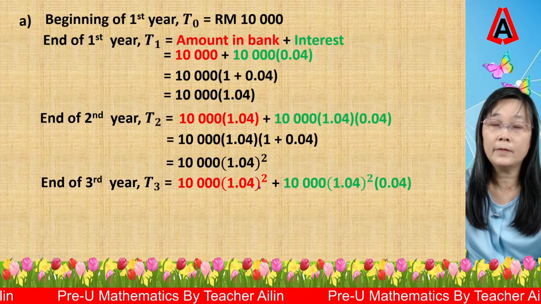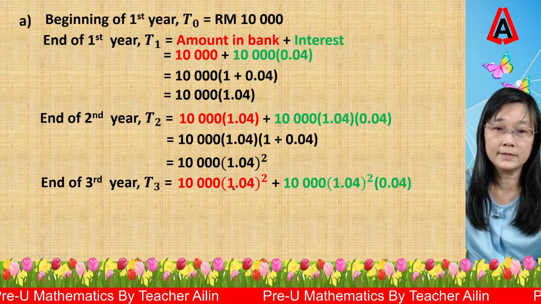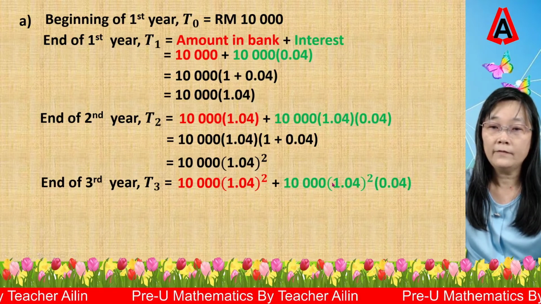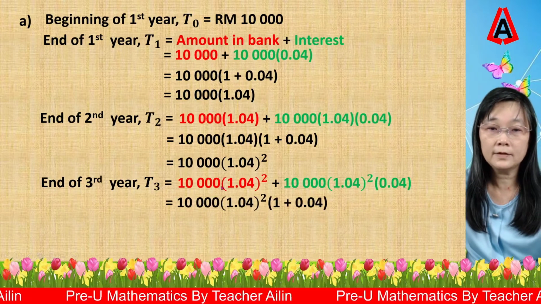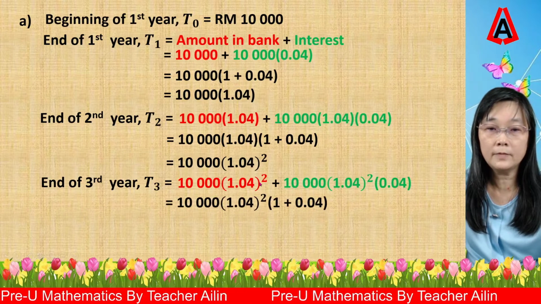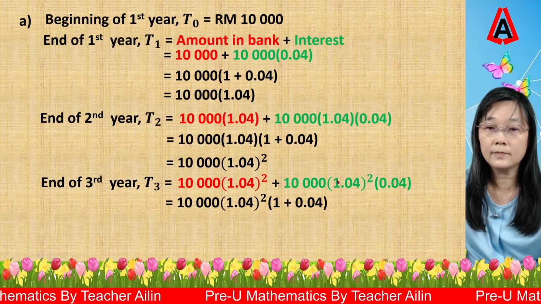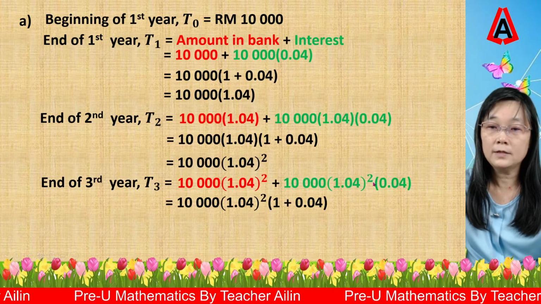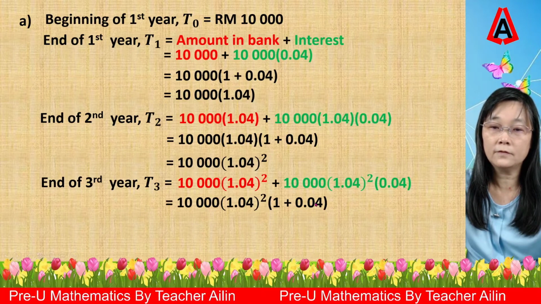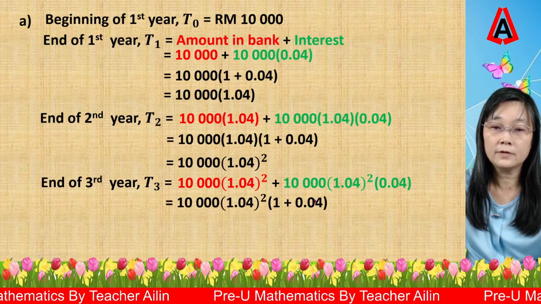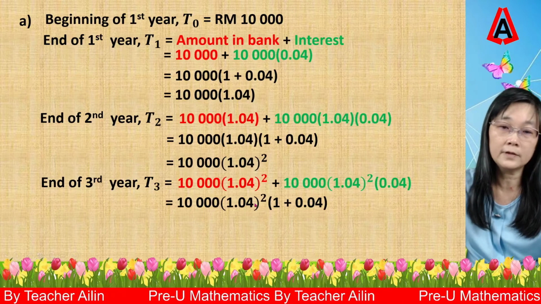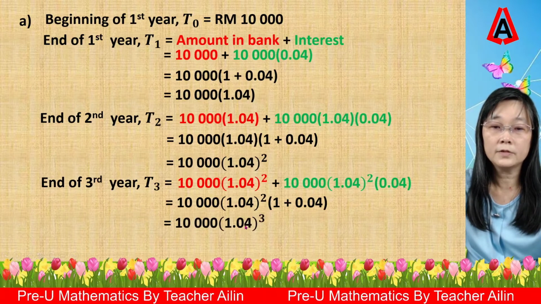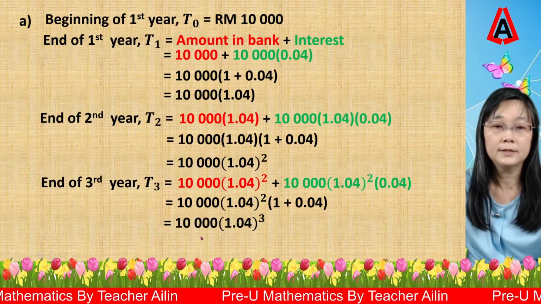This is the amount carried forward from the second year. After combining with the interest, we factorize, since this amount of money is the same. This is 1, here you have 0.04, becomes 1.04. So 1.04 times 1.04 power 2, then we get 1.04 power 3.